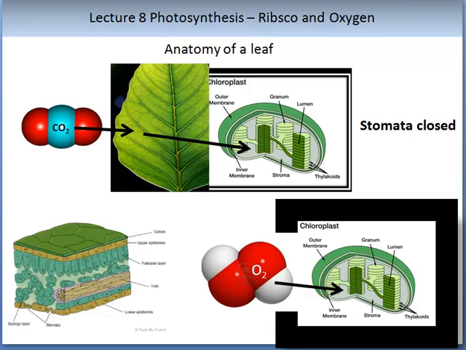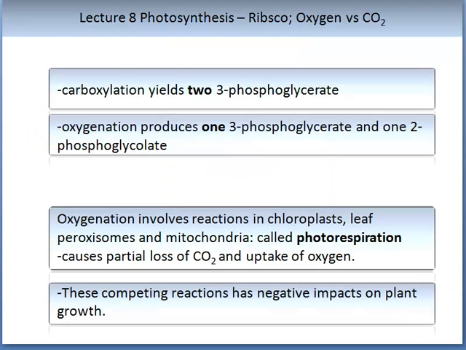Not only can oxygen bind with Rubisco, but it is actually more favourable from a chemical perspective. That is, if you had an oxygen molecule present and a carbon dioxide molecule present, the Rubisco would bind onto the oxygen preferentially over carbon dioxide.